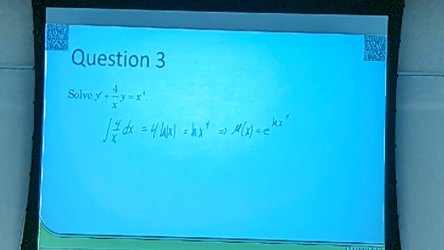And so mu is e to that. How does that simplify? Because that does simplify. It's just x to the 4th. Exponential and logarithmic are inverse functions.